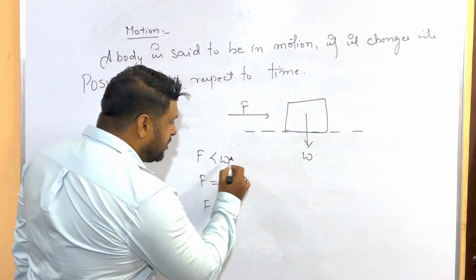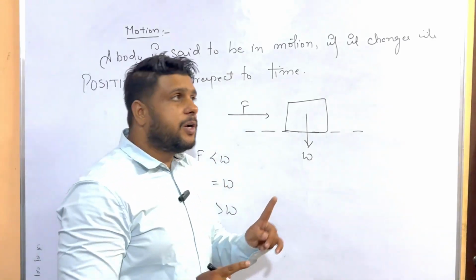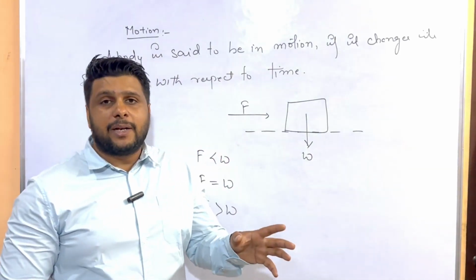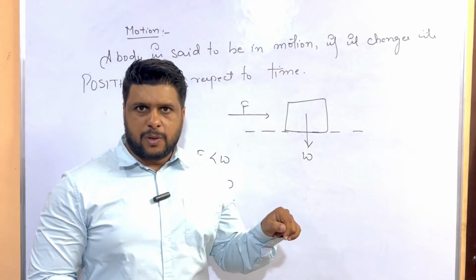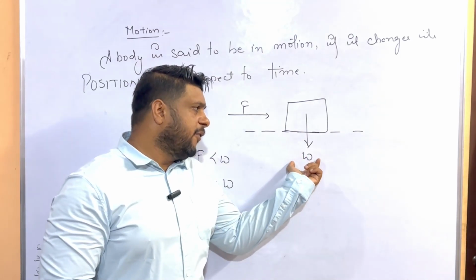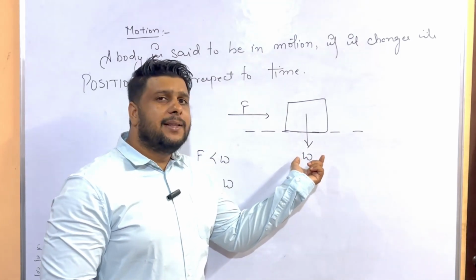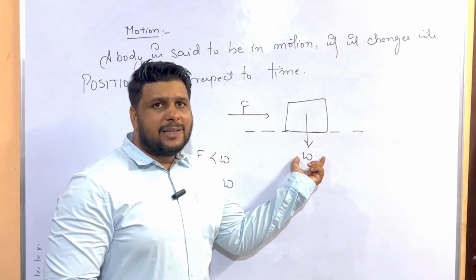Okay, so in this case, when this force is less than its weight, I must not be able to move this block. In order to move this block, I need to have a force which is more than the weight.